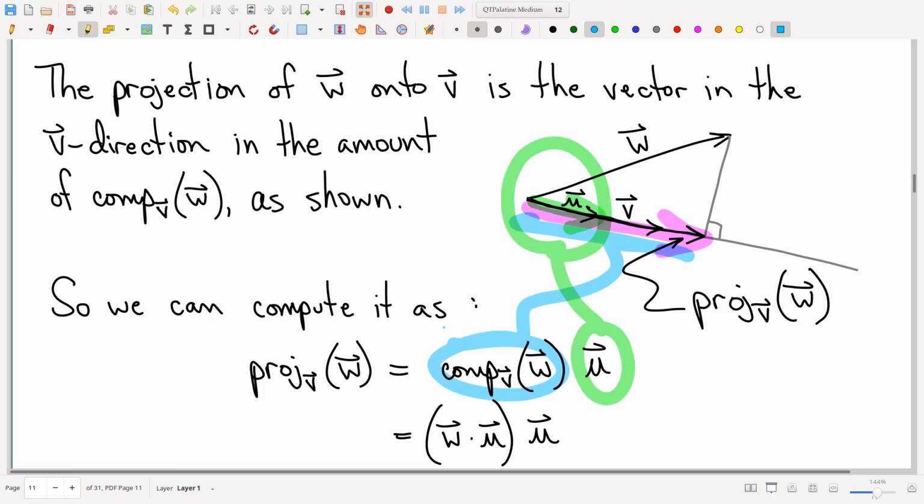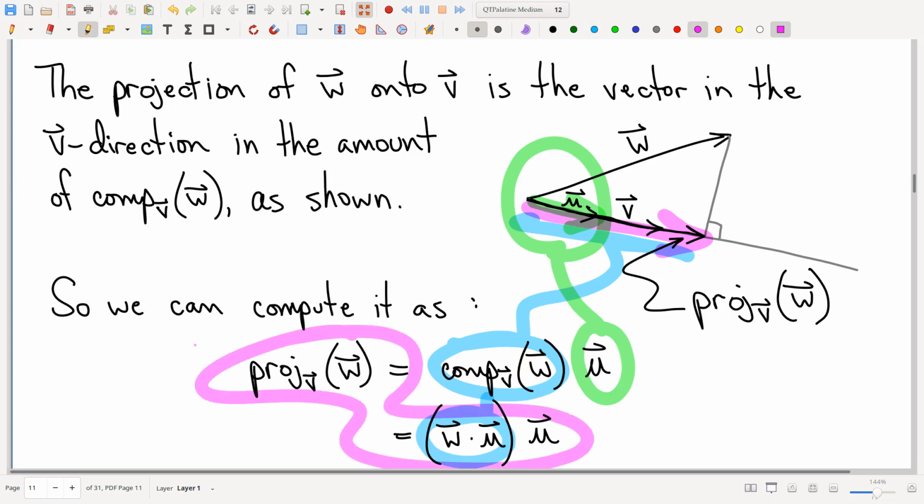So, there you go. There's our formula. And I guess we can rewrite the component as a dot product with a unit vector. Component is a dot product with a unit vector. And we have ourselves a handy formula for the projection, right there, like so.